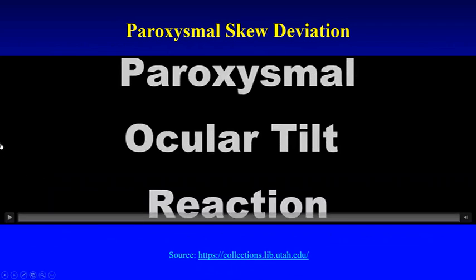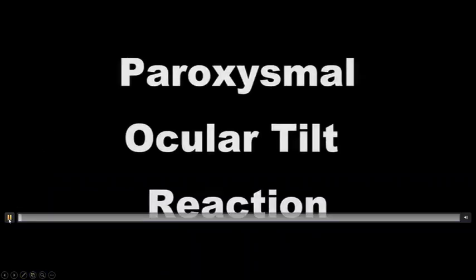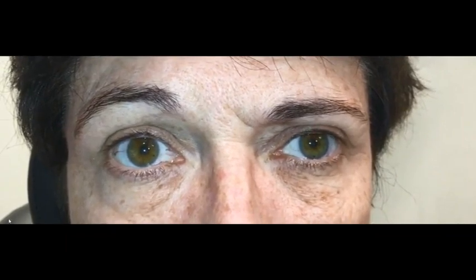So, paroxysmal head tilt reaction is shown here. Look at the movements, which are torsional, with the right eye going up and the left going down. They would occur for several seconds, then stop, and then recur again the very same day.